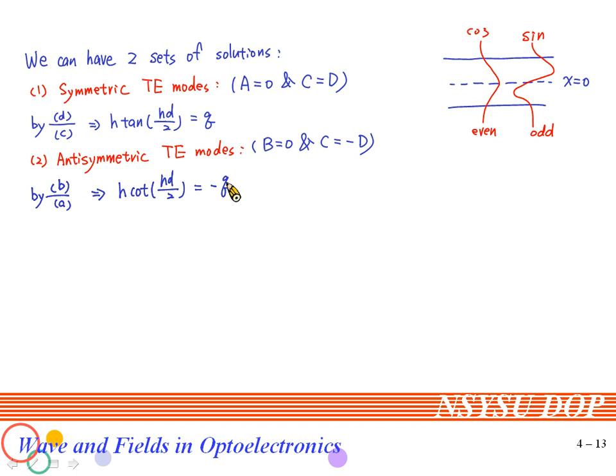Okay, so by solving this equation, you will have symmetric TE modes. By solving this equation, you will have antisymmetric TE modes. But we will ask if we can just solve one equation to obtain all kinds of TE mode. Okay, to find one equation to have the symmetric TE mode and the antisymmetric TE mode, we can use that.